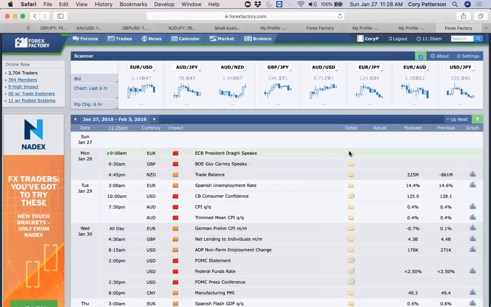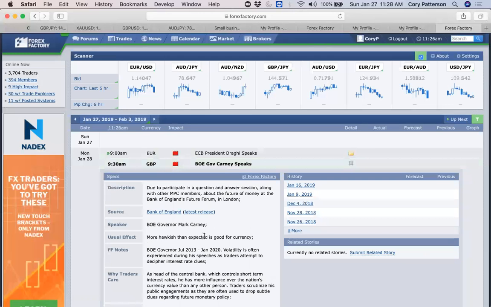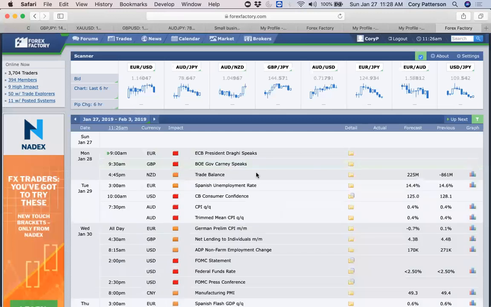So we'll just put that in our pocket, note that. Got another one about British pound, Great British. We got another folder on GBP pairs. So we'll take this, put it in the note. It happens at 9:30 a.m. tomorrow, 9:30 a.m. on Monday.